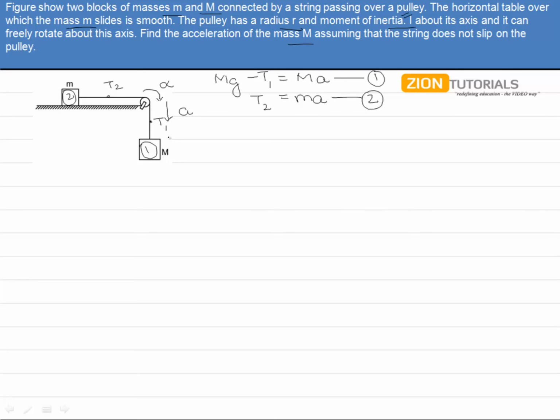Now friends, the total force due to which acceleration is there is T1 minus T2. So this is the force, or we can say it is torque by the distance r, or we can also say it is I alpha by r.